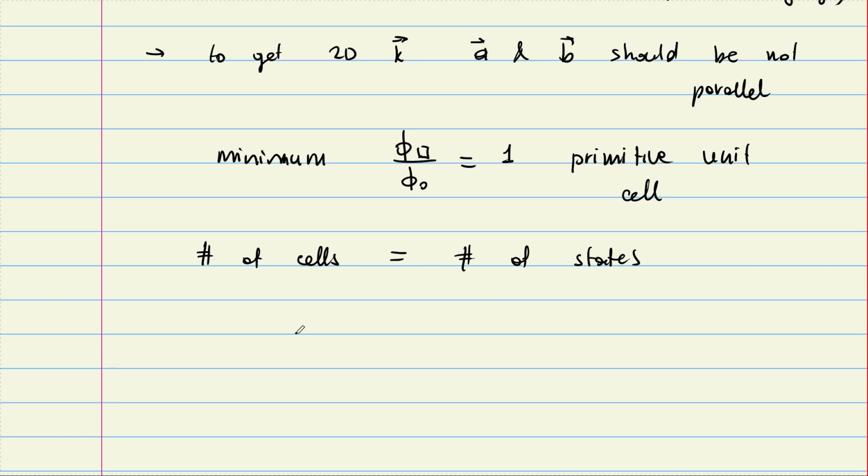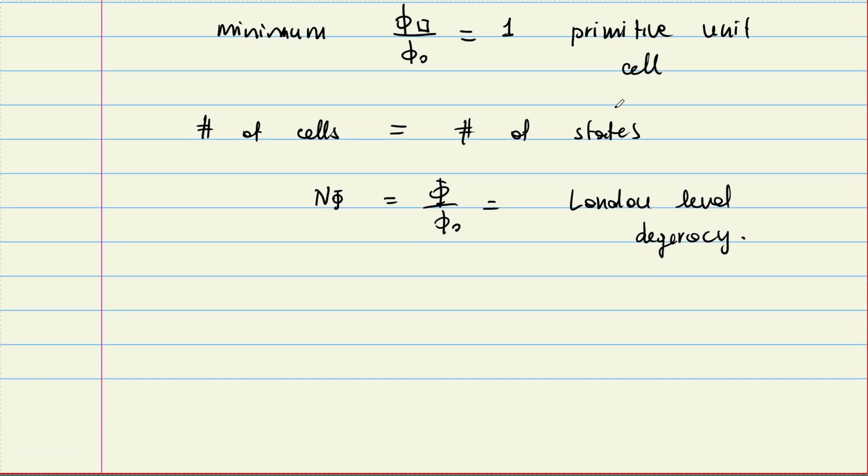And then from here, the cell number is this N phi, which is total phi over phi naught, the Landau level degeneracy. So right now we still didn't get the degeneracy, but the number of states in a given Landau level is given by this N phi from this argument.